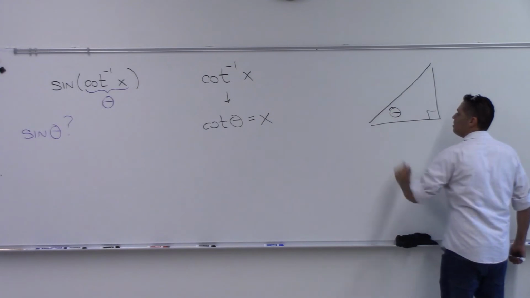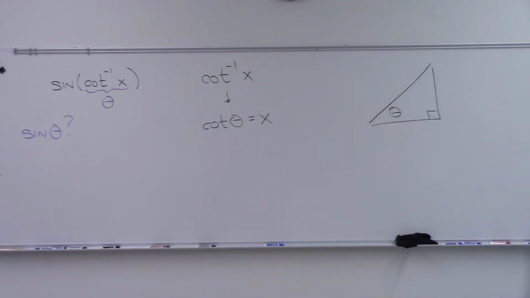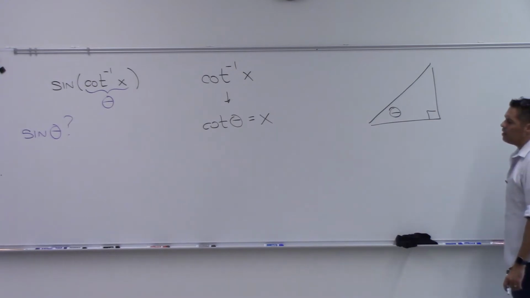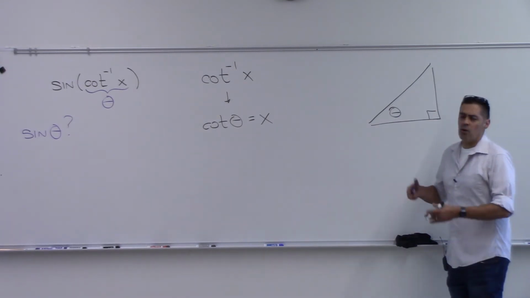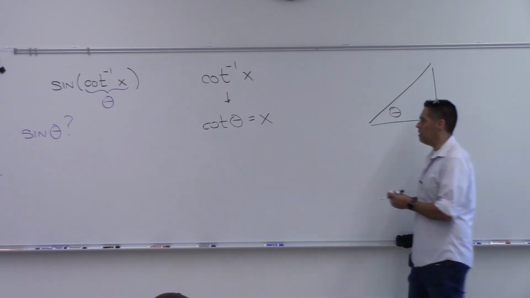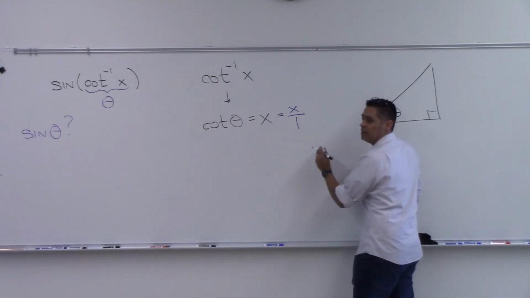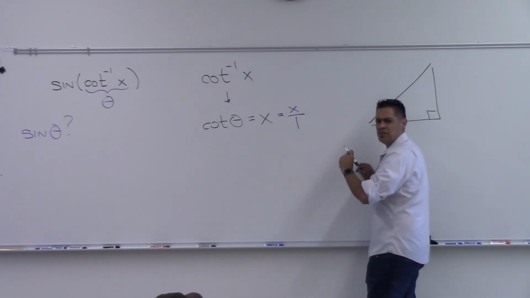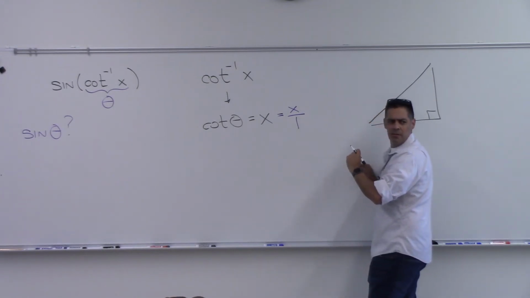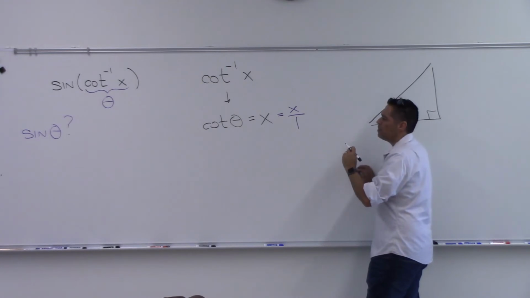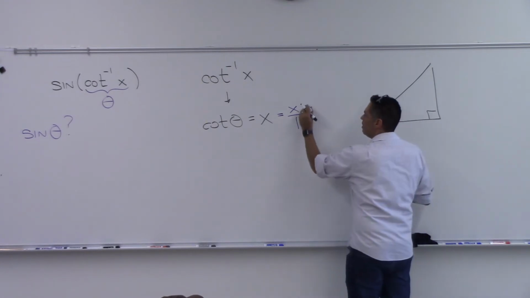Here's theta. Cotangent is which side over which side? I need to rewrite this as a fraction first. I'm going to write x over 1. And did I say adjacent over opposite? Well, I said hypotenuse, didn't I?